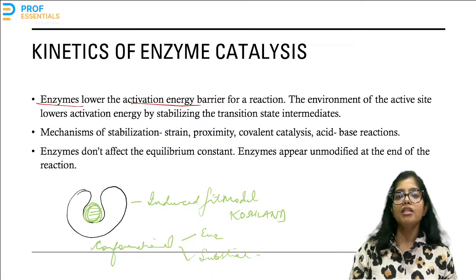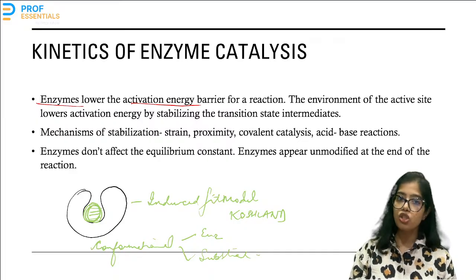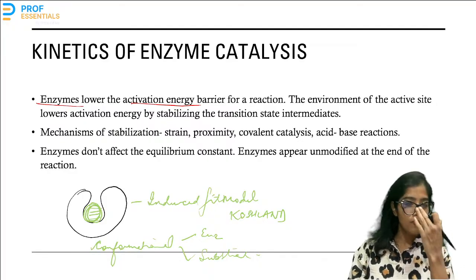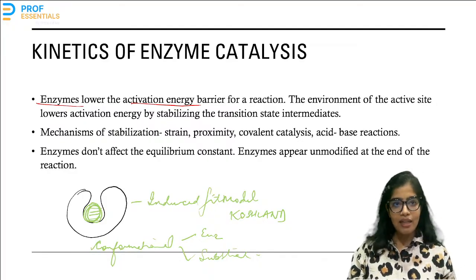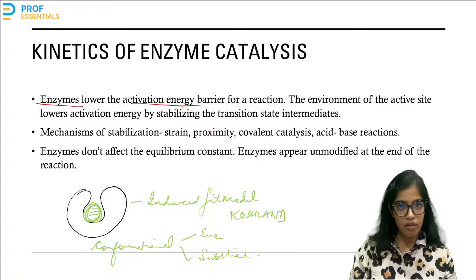Whenever a substrate binds to the active site of an enzyme, there is a conformational change in the enzyme, which brings about a conformational change in the substrate. And the environment of the active site is isolated from the surrounding environment.